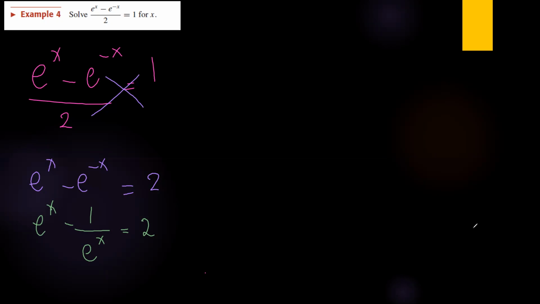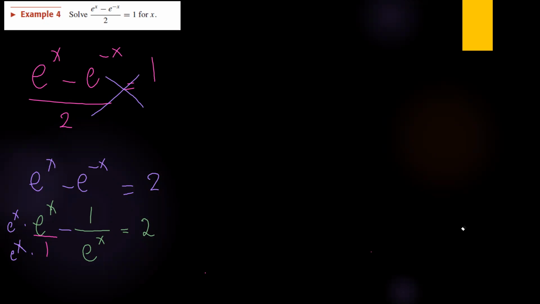Then after that, we have e to the power x minus 1 over e to the power x. I want now to make them have the same denominator. Here we have 1, so multiply it by e to the power x.